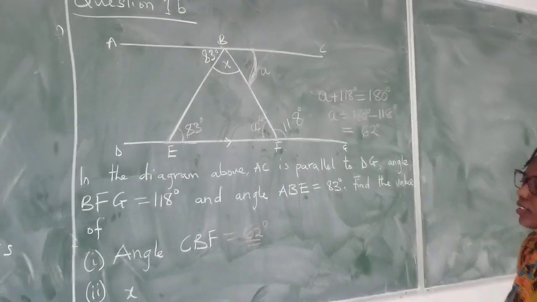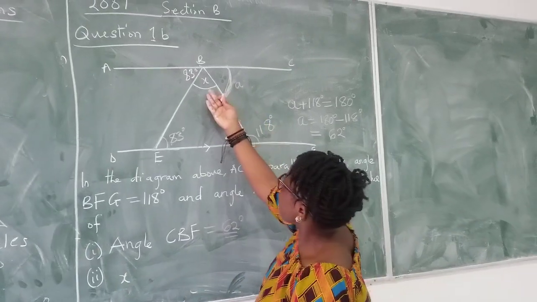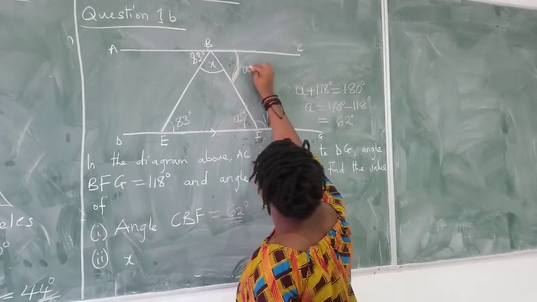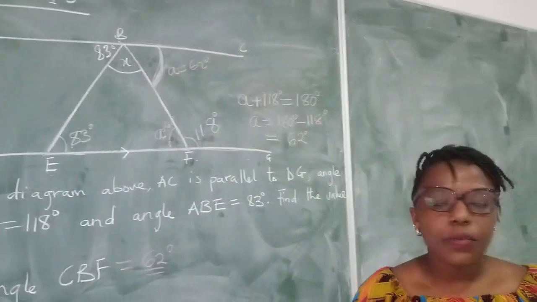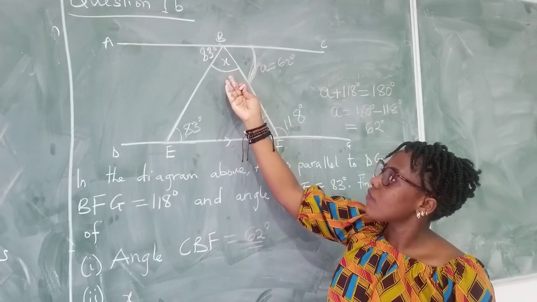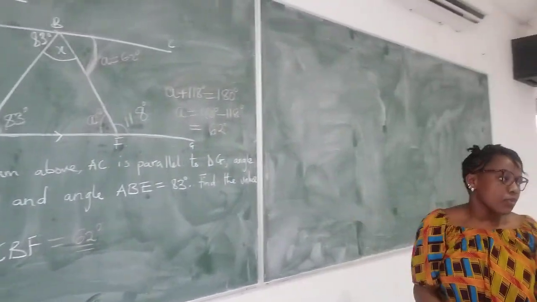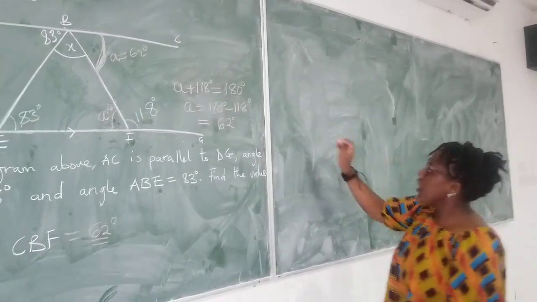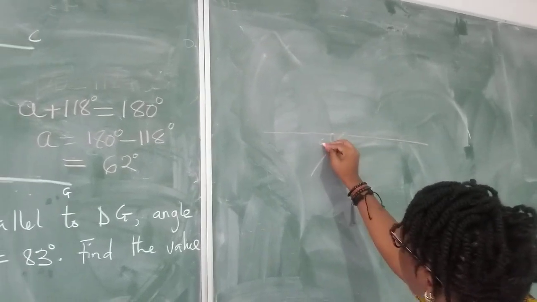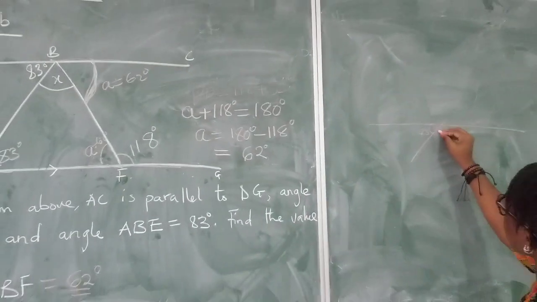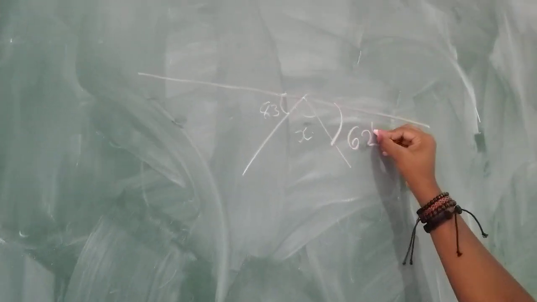The next question, we are expected to calculate the value of x. Remember, our A will be 62 degrees. There are so many ways you can use to find the value of x. We are going to use the angle on a straight line property again. This is our straight line, and we have this angle here to be 83, this is the x we are looking for, and this is 62 degrees.